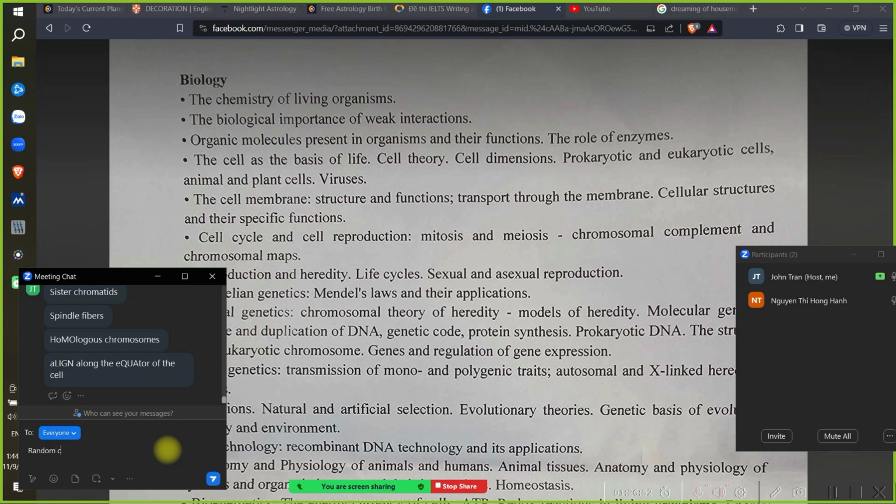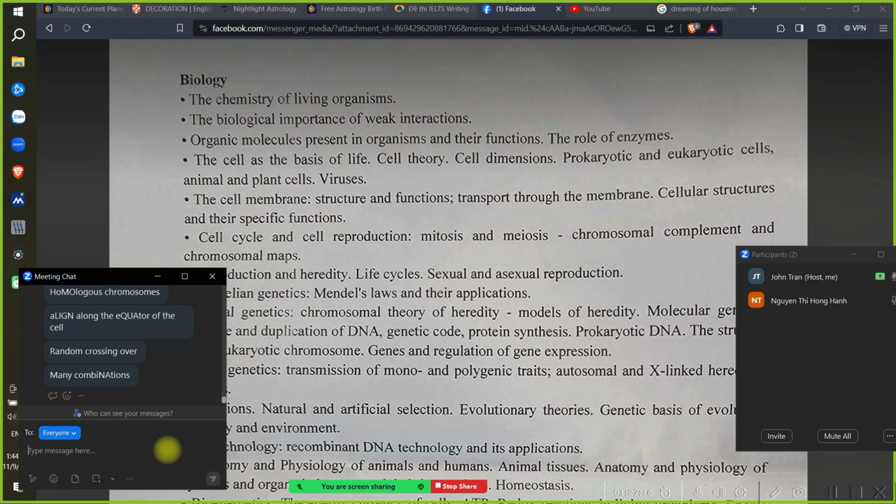It's random crossing over of the homologous chromosomes. And what does that mean? It results in so many different combinations. Nó dẫn đến rất là nhiều combinations, nhiều sự kết hợp of the chromosome.